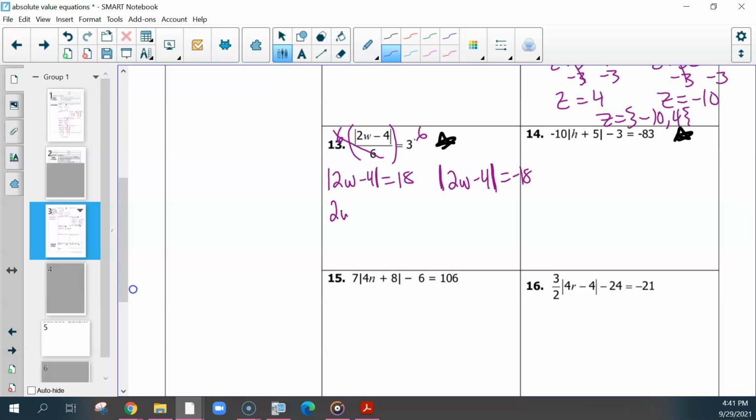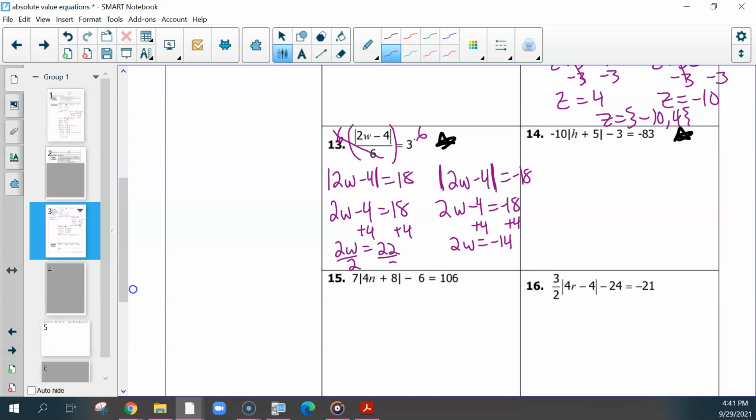So we have 2w minus 4 equals 18 and negative 18. I'm trying to get w by itself, so I would add 4 to the other side. So we have 22 and negative 14.